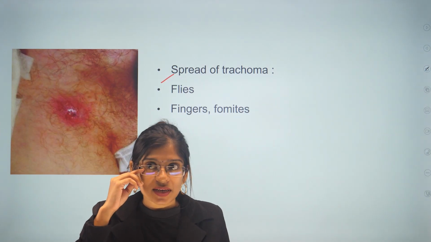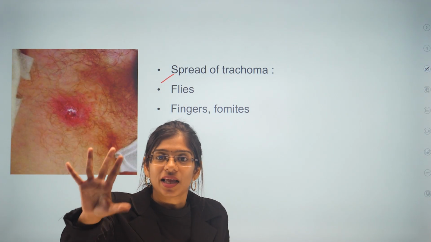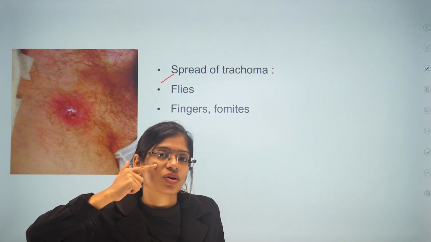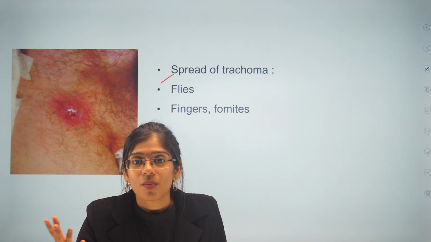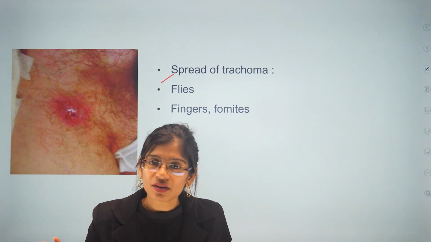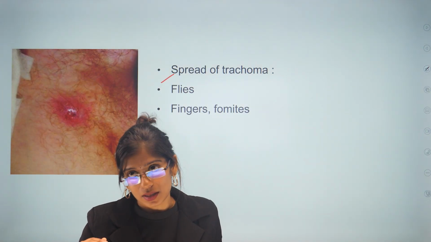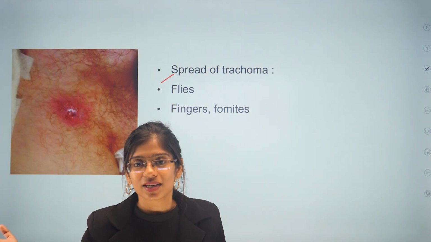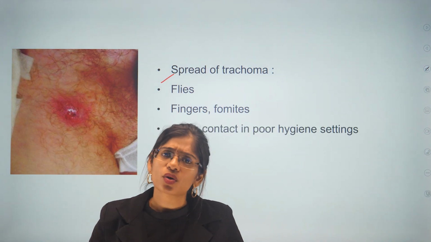If a person is infected, he touches his eyes and then he touches you, and your hands get infected, you touch your eyes again, this infection can come to you. Fomites, such as shared objects, towels, handkerchiefs: if you share these with someone who has trachoma, you get it. Fomites means objects, and close contact in poor hygiene settings.